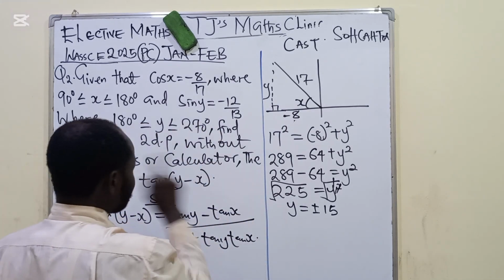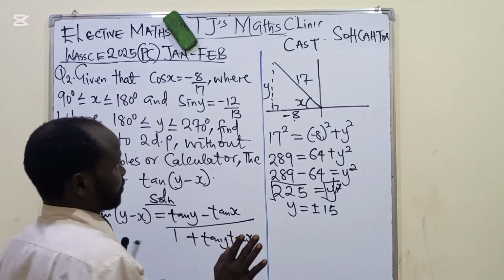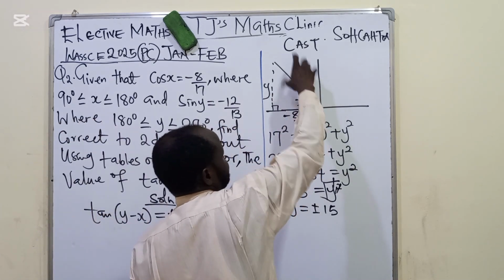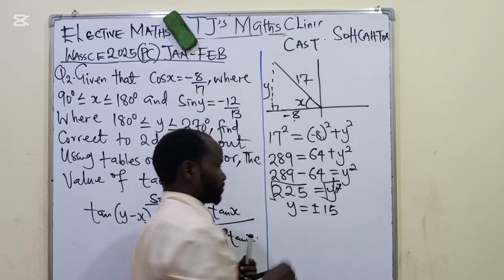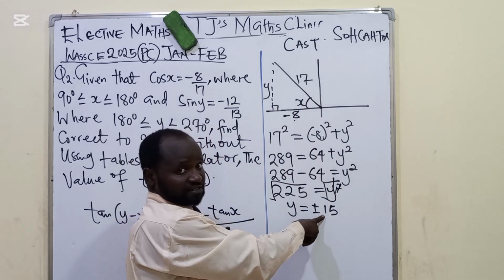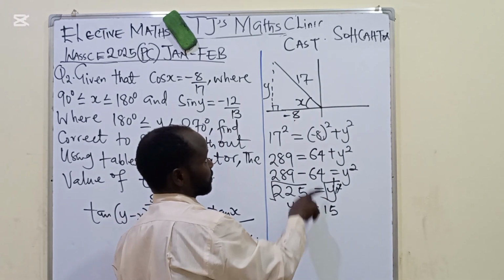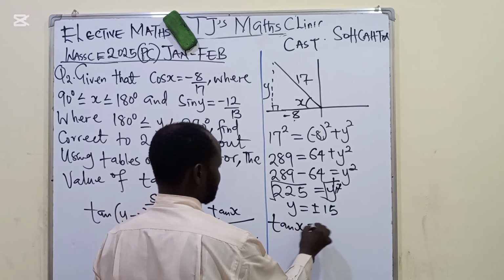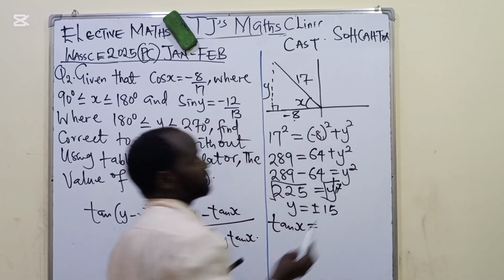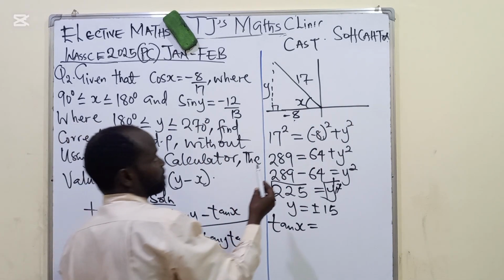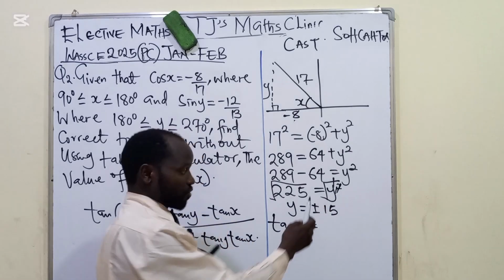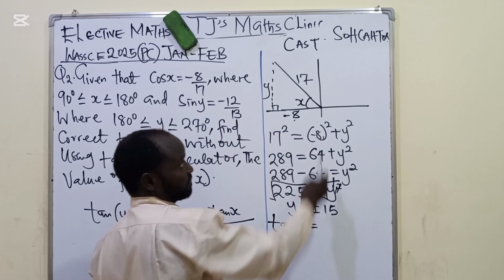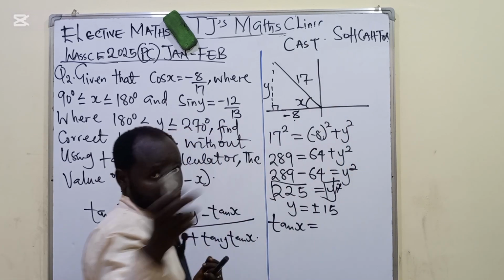But we're looking for tan x now. If we use CAST, tan is negative in the second quadrant. So we can't pick negative 15 here; we have to pick positive 15. Tan x is opposite over adjacent. If we said minus 15 divided by minus 8, we would get positive, but tan is negative in the second quadrant.